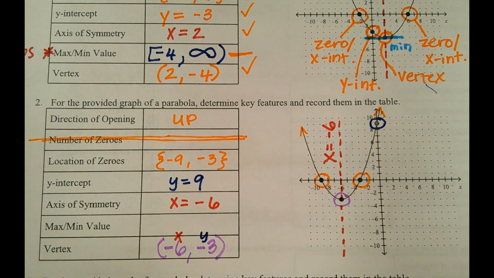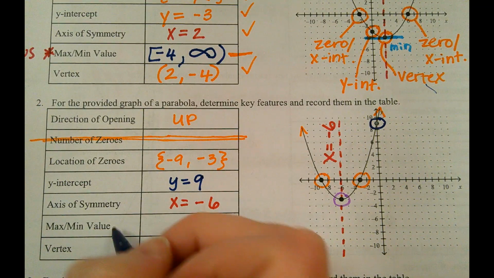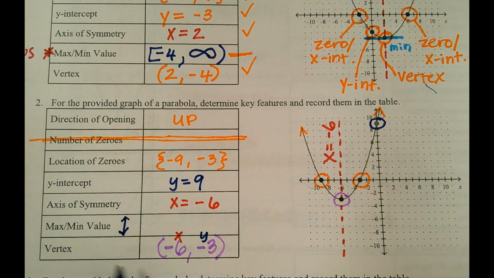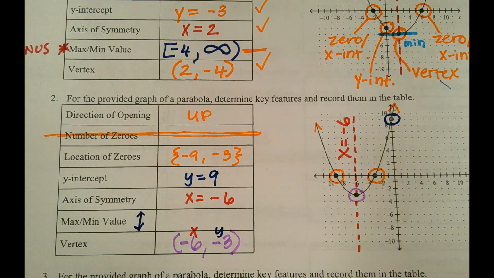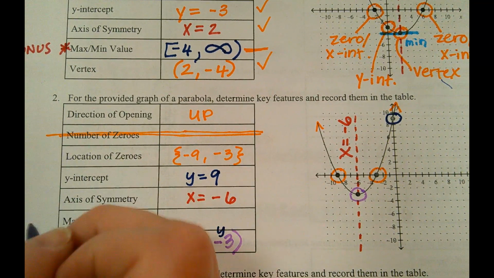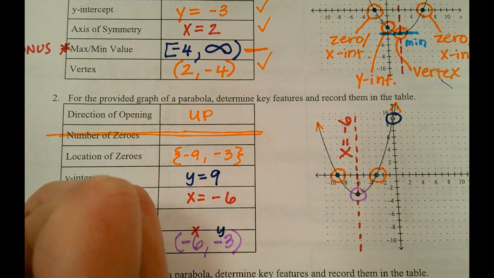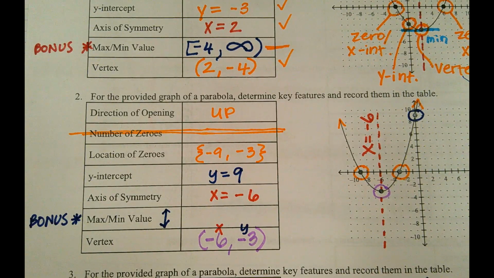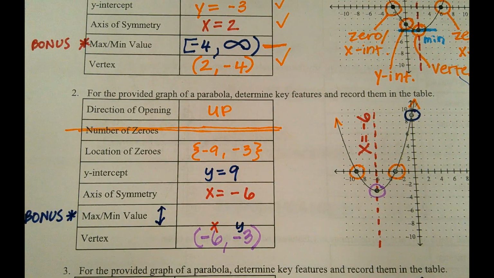And we'll take a look back at the max and min value. And if this helps you remember, we're looking at how far up it goes and how far down it goes. You can draw a little arrow up and down. This is a bonus question. It's writing bonus. And we like to start from the smallest, so from low to high.